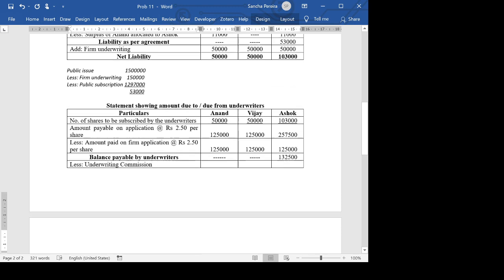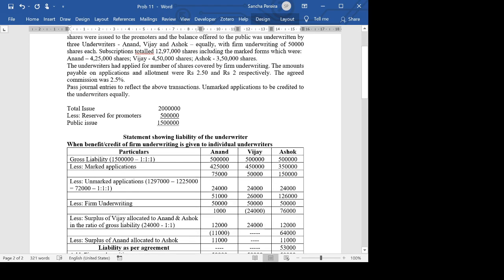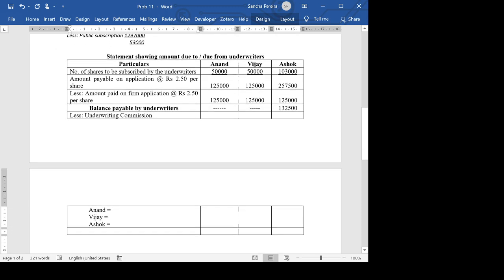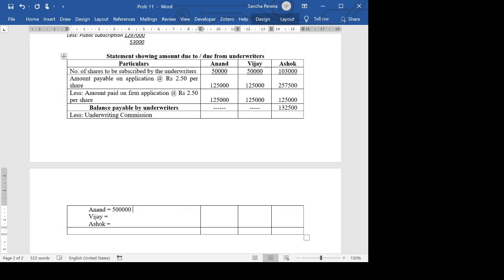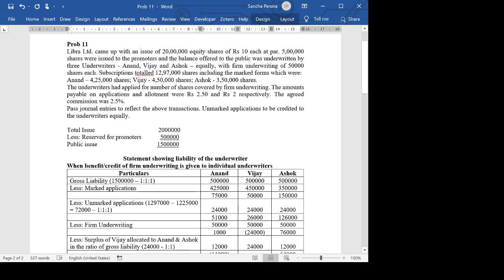Always on the gross liability, commission is payable always on the gross liability. So here it's 5 lakhs each, it will be the same. 5 lakhs into the issue price, not the face value, but in this problem, the issue price and the face value is the same, that's rupees 10, into the rate of commission, which in this problem is given to us as 2.5%.